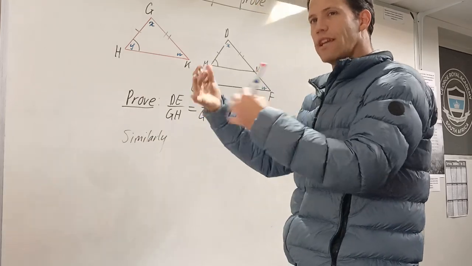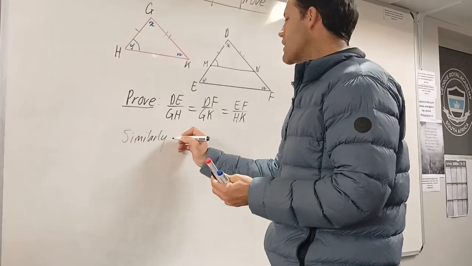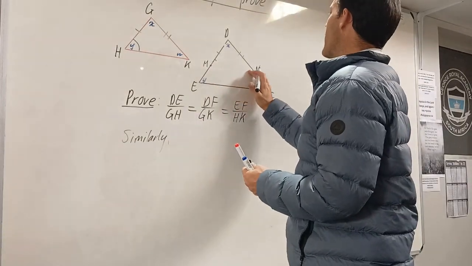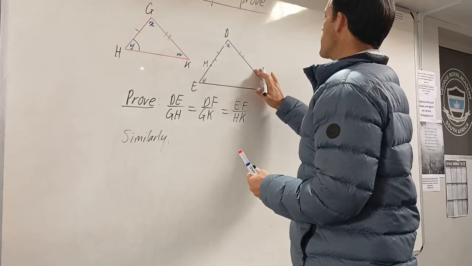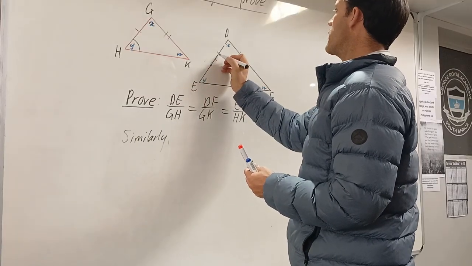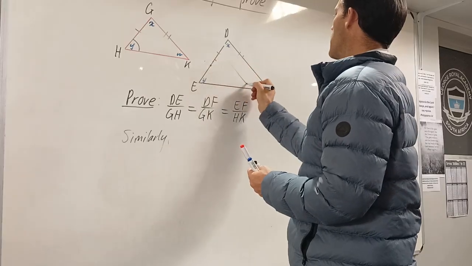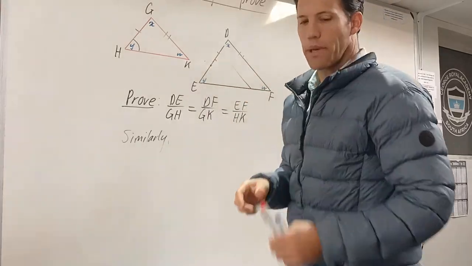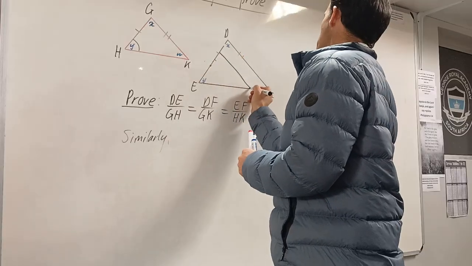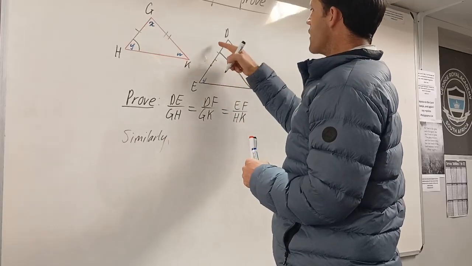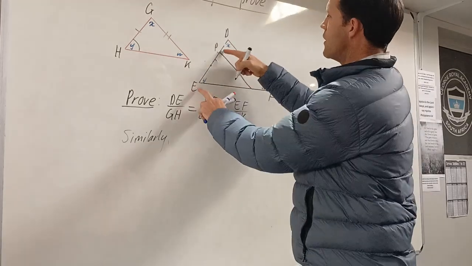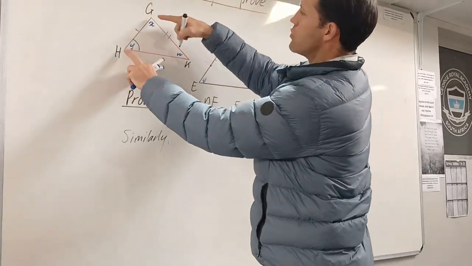Because similarly means in the same way. Instead of putting in this line, I can put in a line here, not parallel, so that this one here, let's call it P. So that EP is equal to GH.